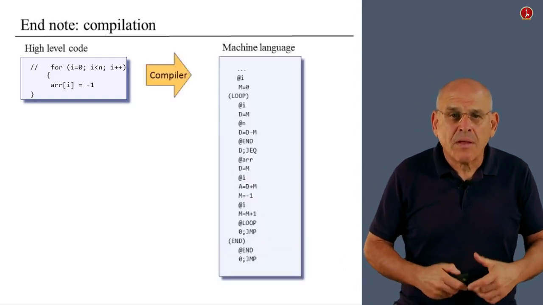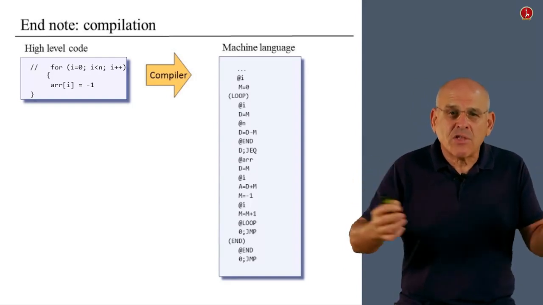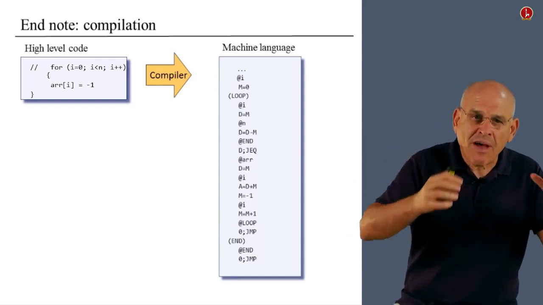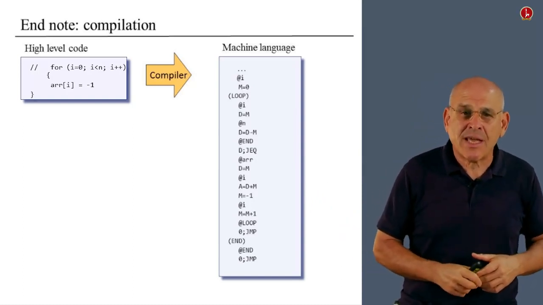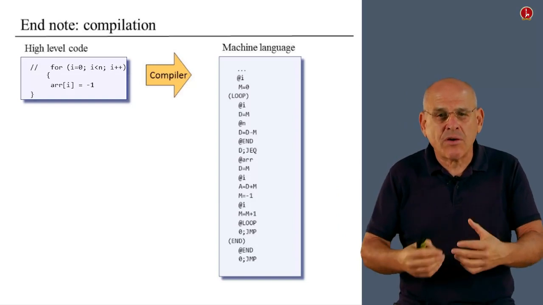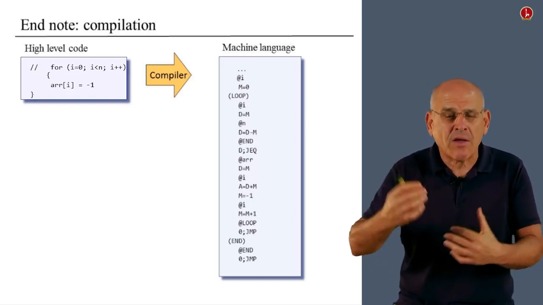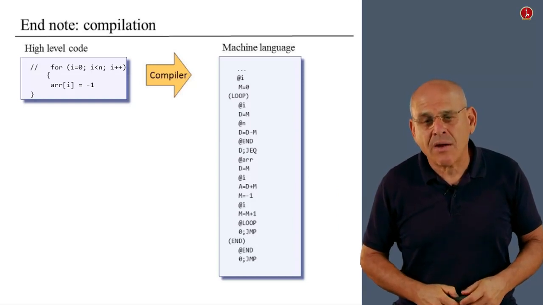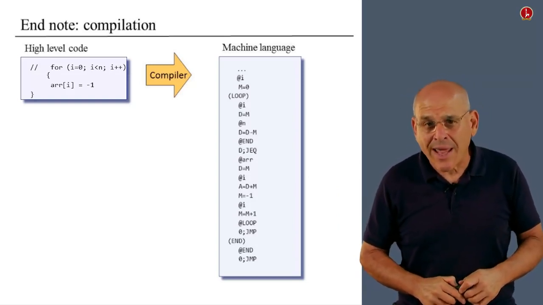So the compiler allows you to live, so to speak, within the abstraction of a high-level language without worrying about all the details of how this thing gets translated into machine language. But by now, you know that in order to do it in low level, you have to work really hard to rewrite the code within the constraints of the low-level language.